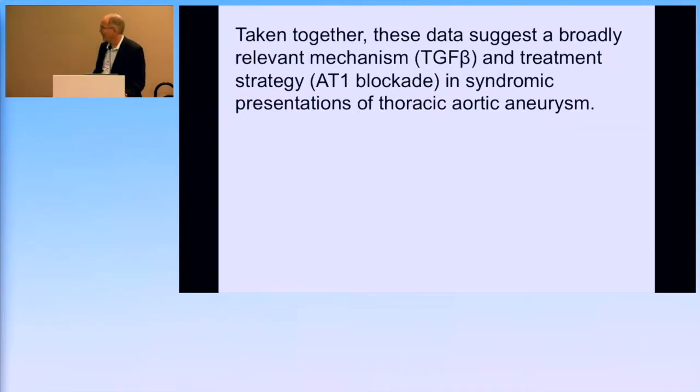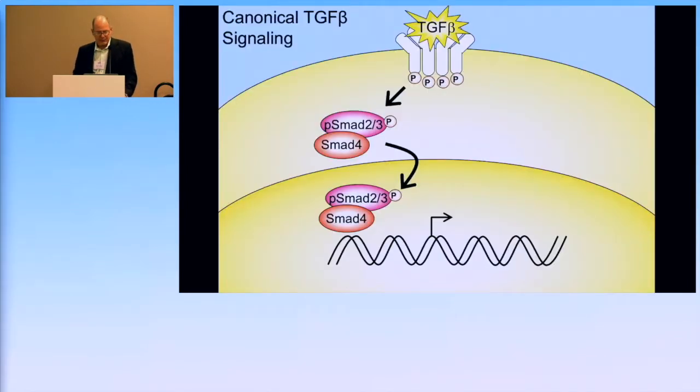So taken together, these data suggest a broadly relevant mechanism, TGF-beta, and treatment strategy, AT1 blockade, in syndromic presentations of thoracic aortic aneurysm. But in keeping with our goal to see if there is a way to do better, if we could find the Achilles heel in these conditions, we've gone on to consider other aspects of the signaling cascade.